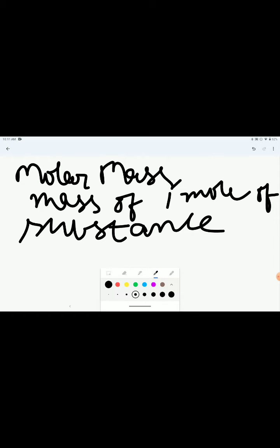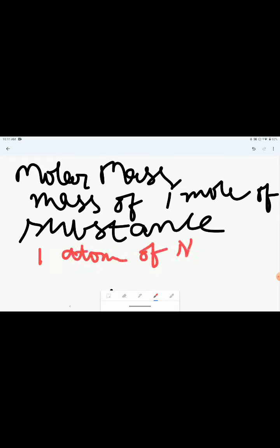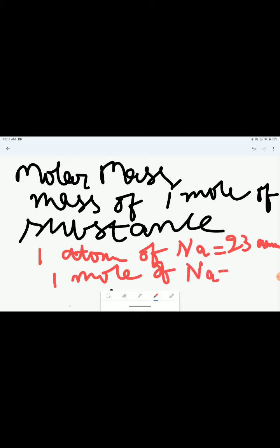For an example, let's talk about sodium. One atom of sodium contains how many AMU? 23 AMU. 1 mole of Na contains 23 grams. This is the difference.